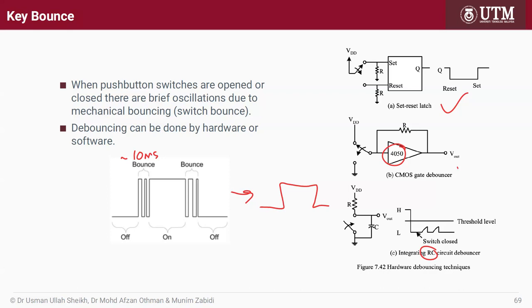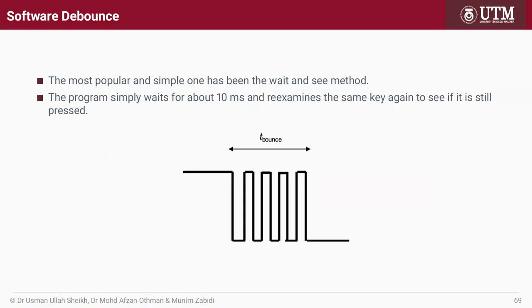Okay. Still, some people say, oh, a capacitor is still too expensive. So if you don't want to spend money on a capacitor, then you do it the software way. What you do is you sample the data. If you see the data is 0, you wait 10 milliseconds, and you sample the data again. If it's 0 again, that means it's confirmed to be 0.